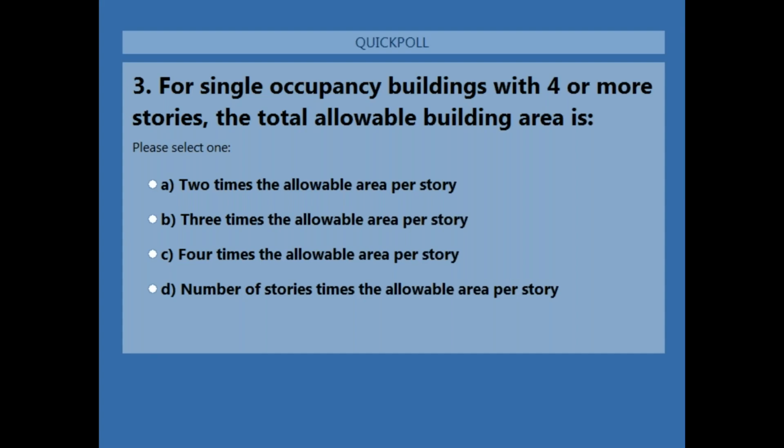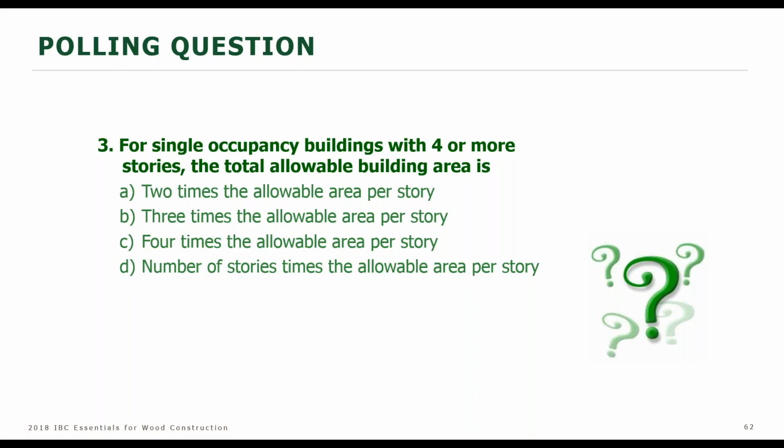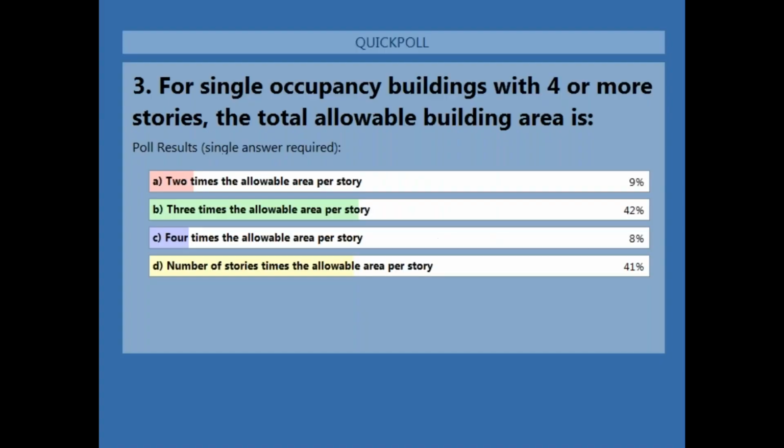Okay, we've got 45 seconds, so I'm going to go ahead and close and share the answers. All right, we've got evenly split between B and D. So 42% say 3 times the allowable area, and 41% say number of stories times the allowable area.